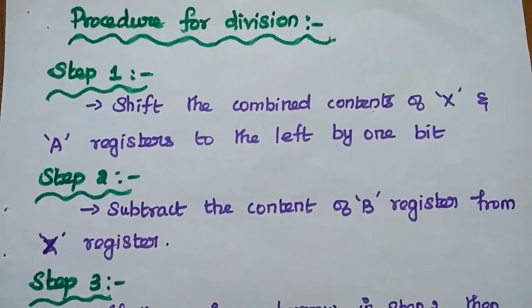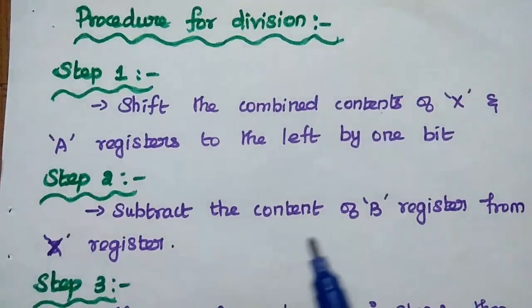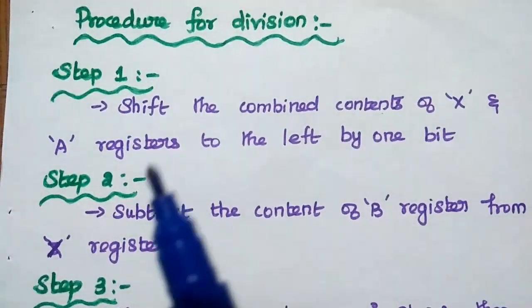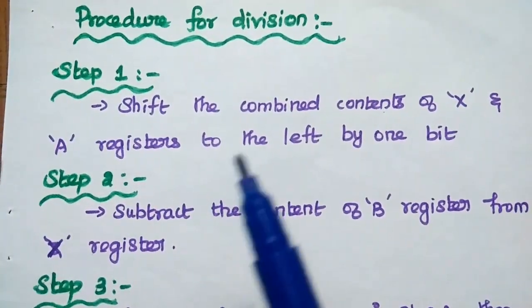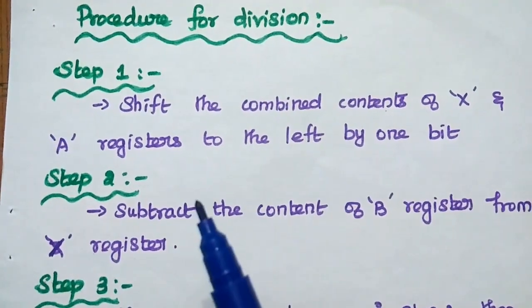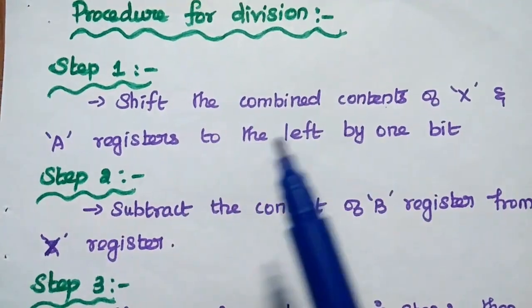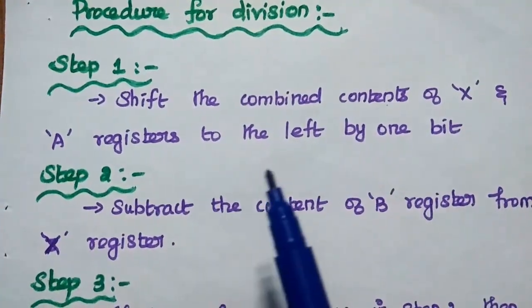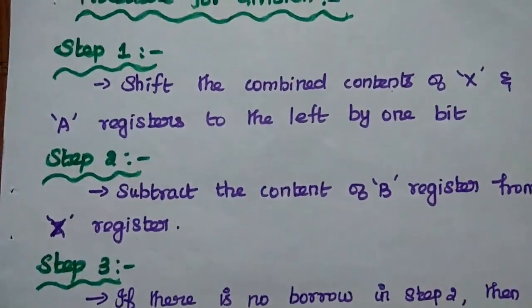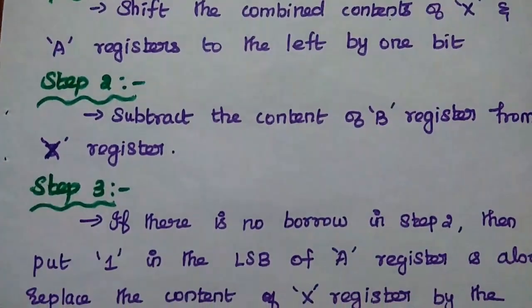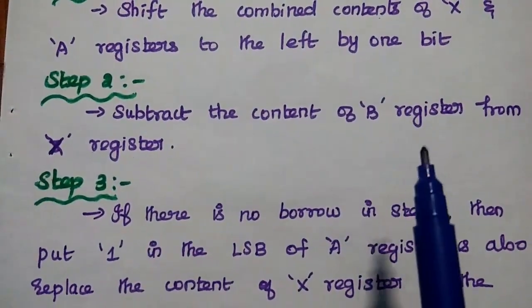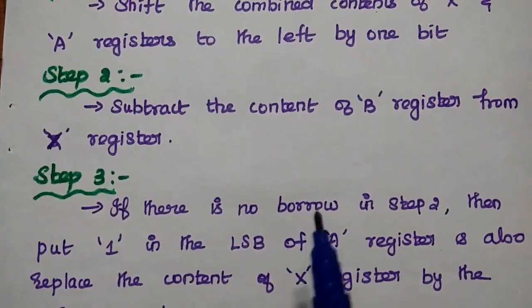So let's see the procedure for the restoring division method. In step 1, we are going to combine the X register and A register. After combining the registers, we shift the combined contents of X and A registers to the left by 1 bit. Then we subtract the content of the B register, that is the divisor, from the X register.